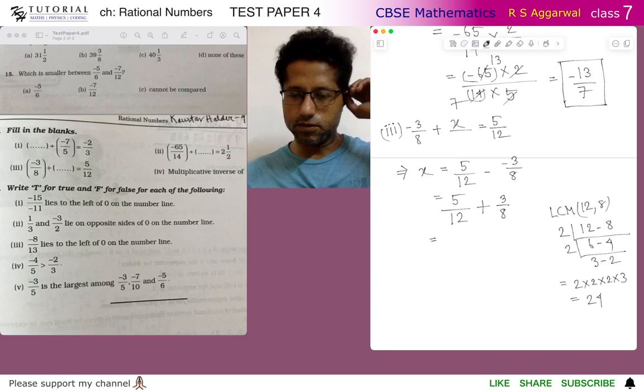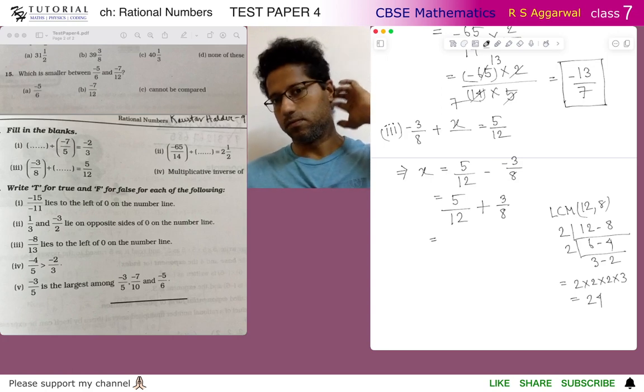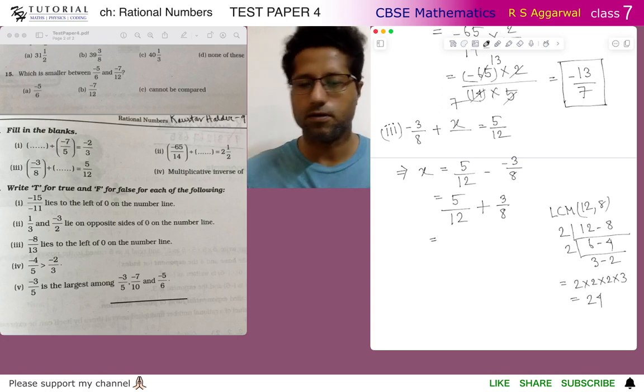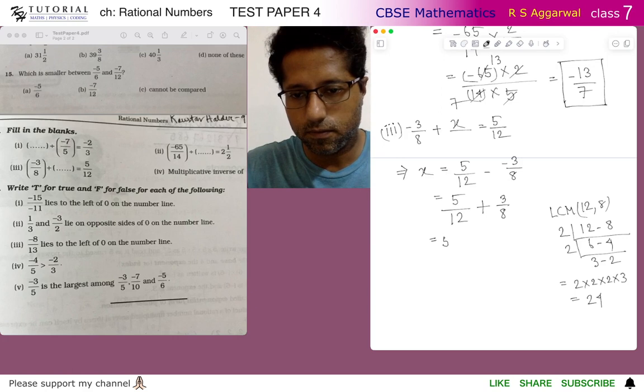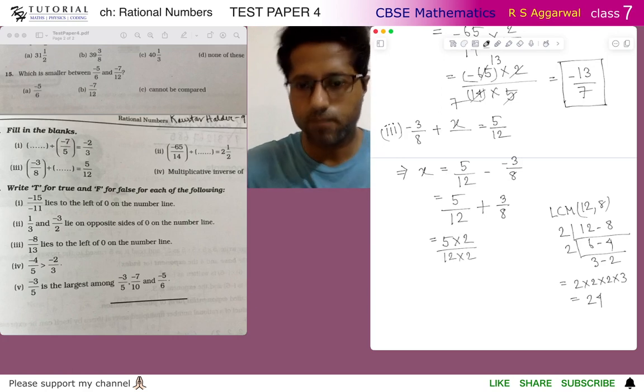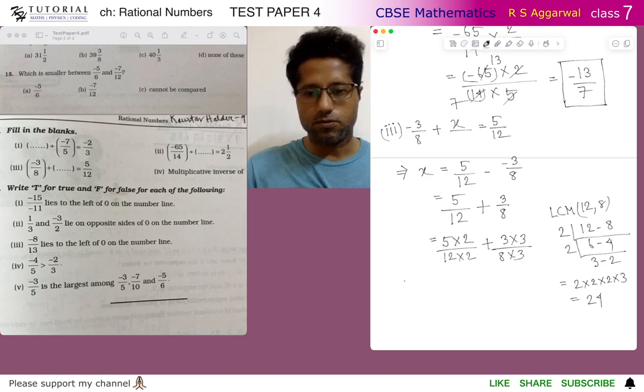So we have to convert these two rational numbers, 5 by 12 and 3 by 8, to their equivalent form, where the equivalent form will have a denominator of 24. So we will have 5 into 2 divided by 12 into 2 plus 3 into 3 divided by 8 into 3. So this is 10 by 24 plus 9 by 24.